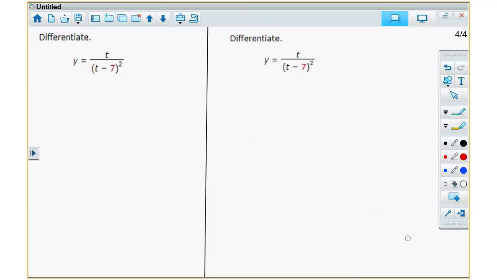You're going to have to use the product rule and the chain rule on that second part. Well, first times the derivative of the second, and that's when you use the chain rule. Plus the second times the derivative of the first. Derivative of the first is 1.